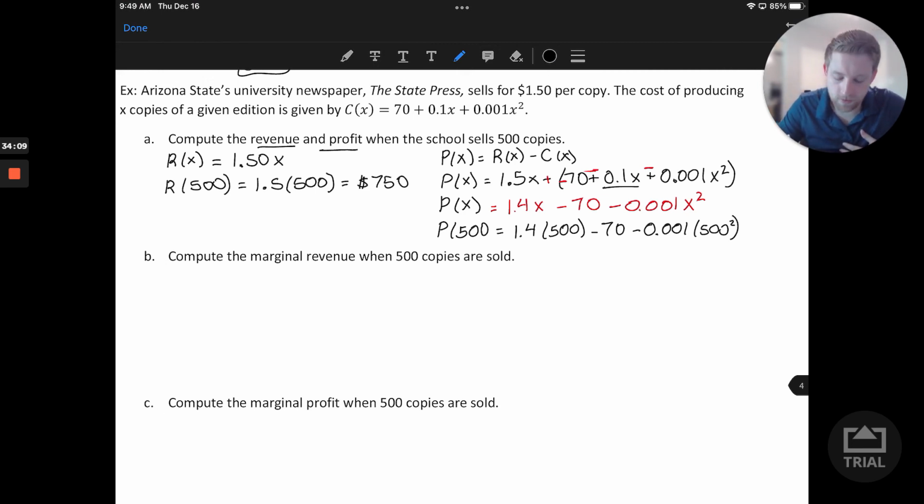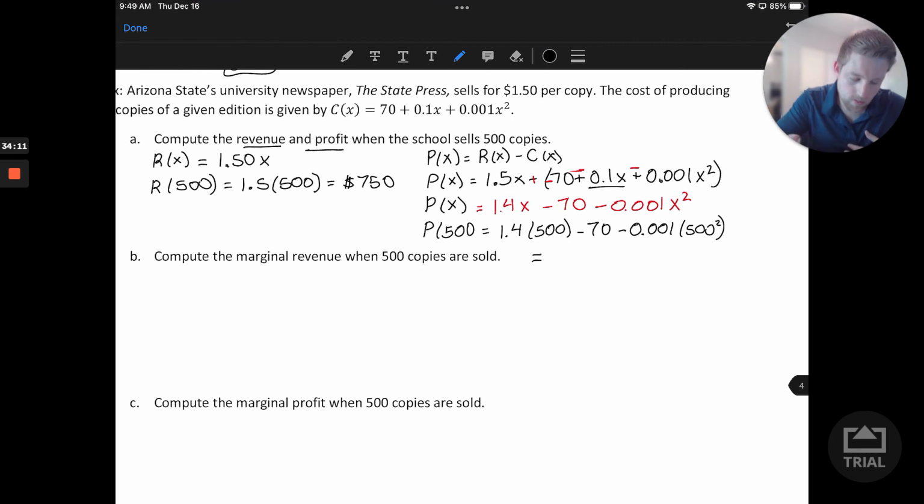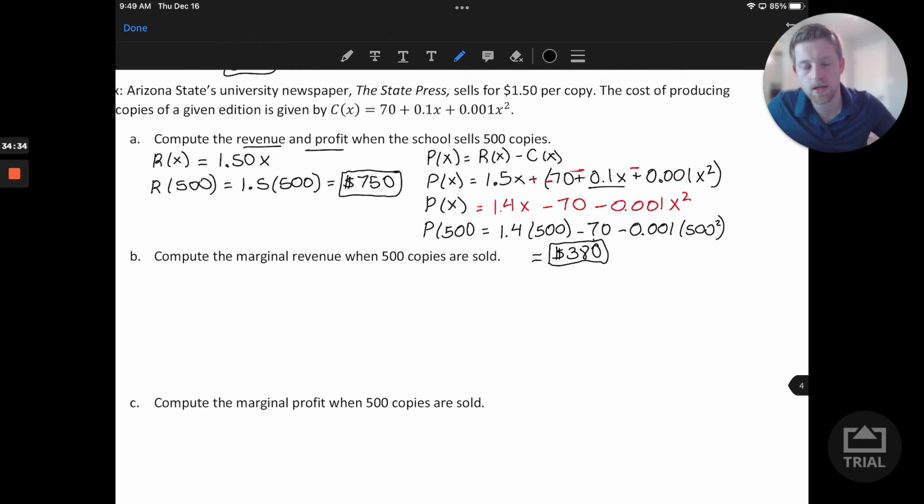You can plug that into your calculator and find your result. Believe we should get a profit here of $380. So there's our profit. So revenue of $750, that's what we actually make in sales, but incorporating our costs, we only profit $380.